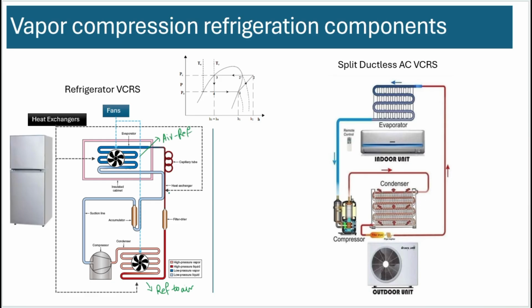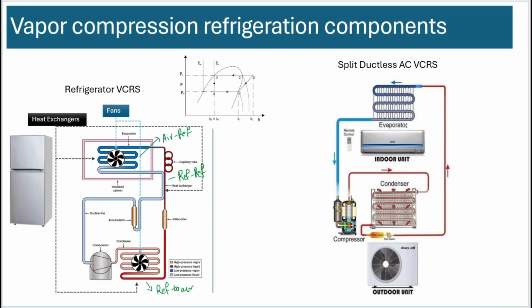Then in most scenarios you will have a heat exchanger on the suction line of the refrigerator, which exchanges heat with the capillary tube or the actual line coming from the condenser. So this is basically a refrigerant to refrigerant heat exchanger. So primarily three types here.